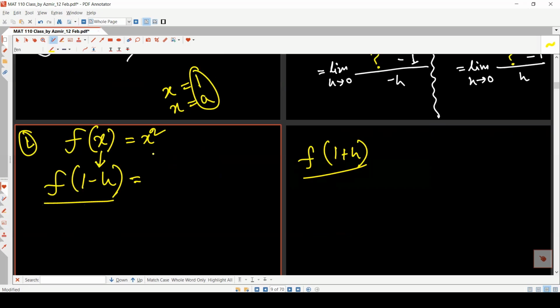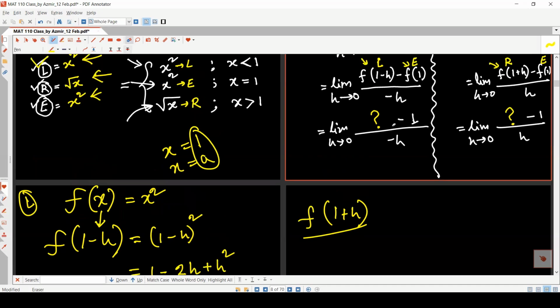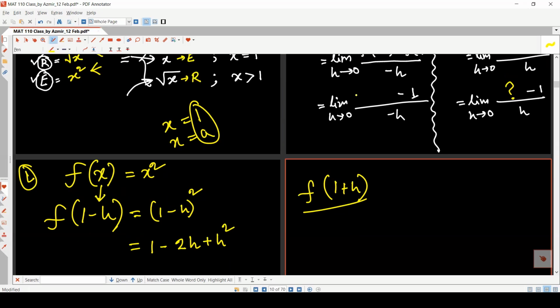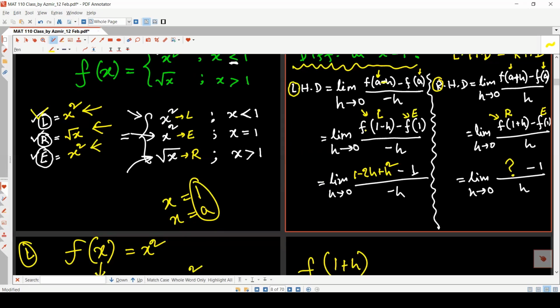So where we have x, let's plug in 1 minus a. x squared becomes 1 minus a squared. And we can also simplify it, so we have 1 minus 2a plus a squared. So this is how we can find the value of f of 1 minus a.